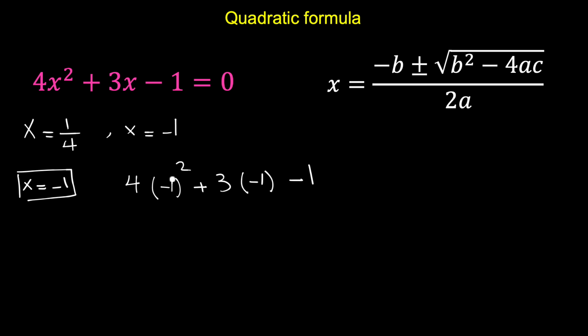Here -1 squared is +1, so 4 times +1 equals 4. And here 3 times -1 equals -3. And here -1. So 4 minus 3 equals 1, and 1 minus 1 equals 0. So our answer works. And if we do the same for the other answer, we will see it works too.